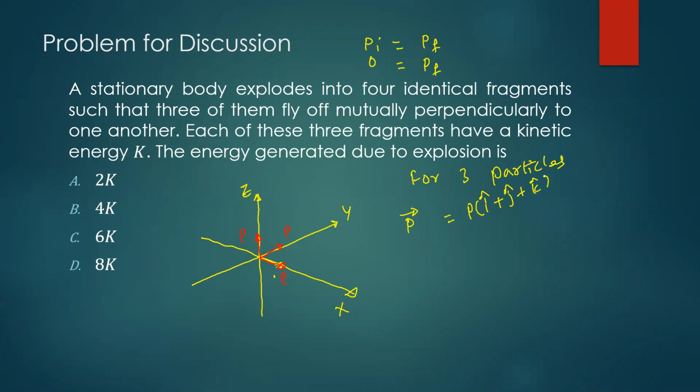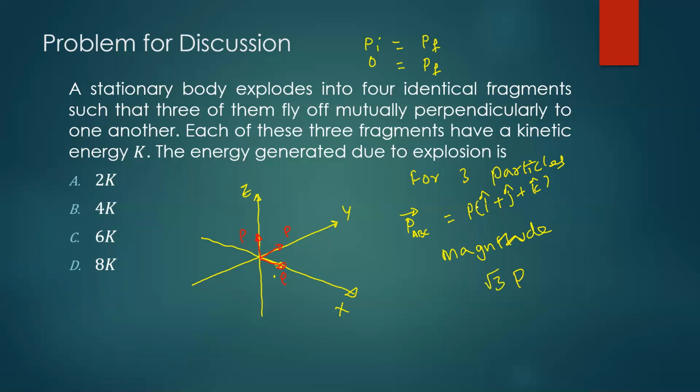If you are getting the magnitude of linear momentum, p for A, B, C, the 3 particles, the magnitude will be simply root 3 times p.